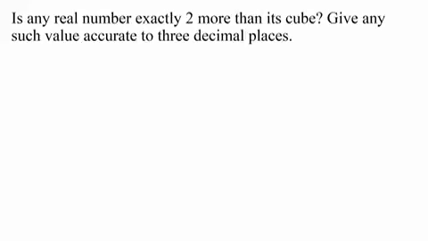To solve this problem, we need to solve the equation x equals x cubed plus 2. Setting this to 0, we get x cubed minus x plus 2 is equal to 0. Now let's take a look at the graph of x cubed minus x plus 2.